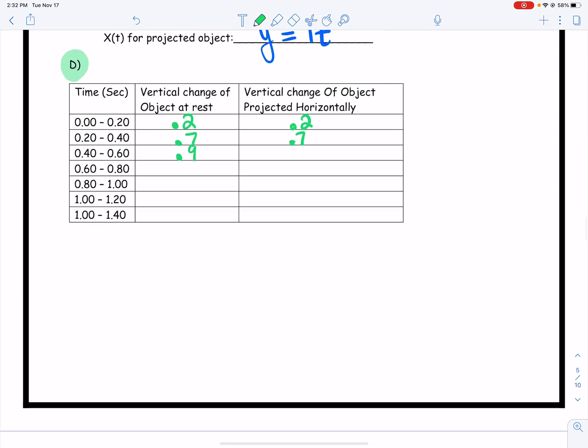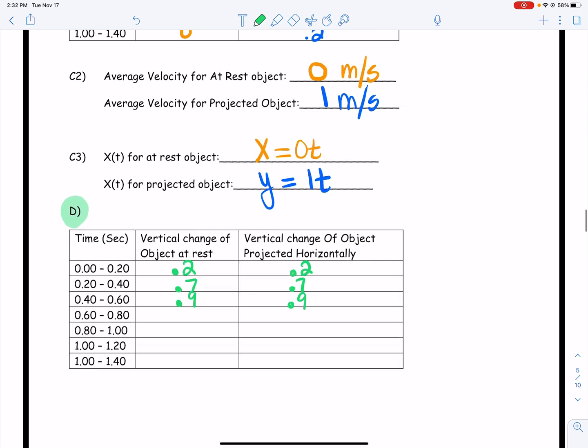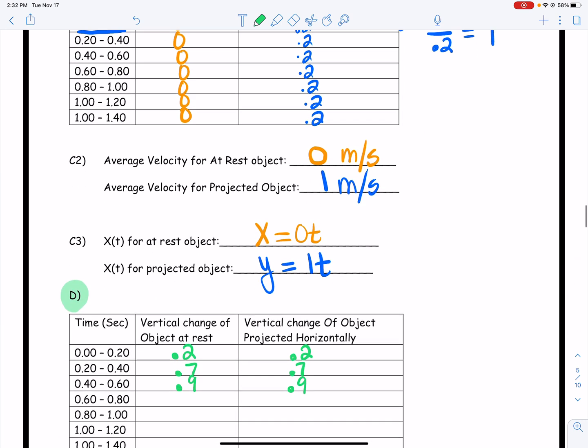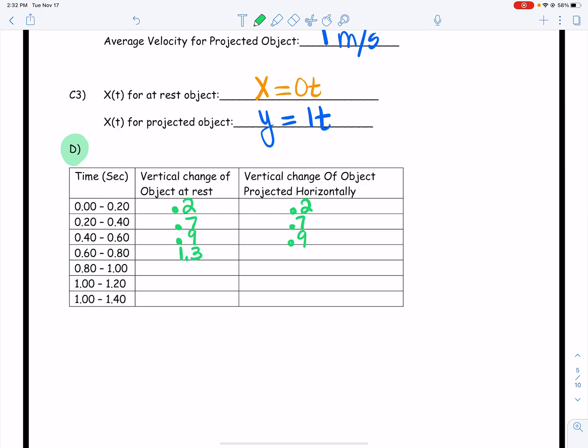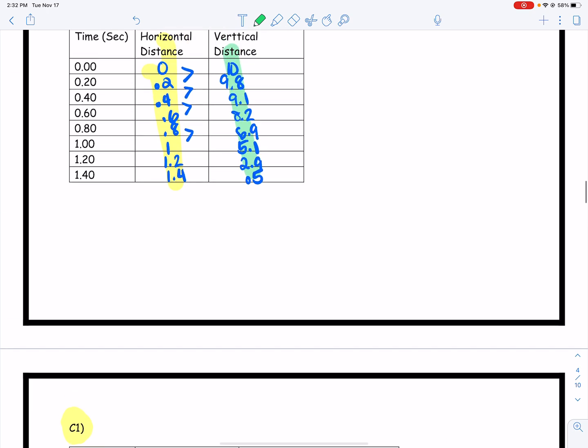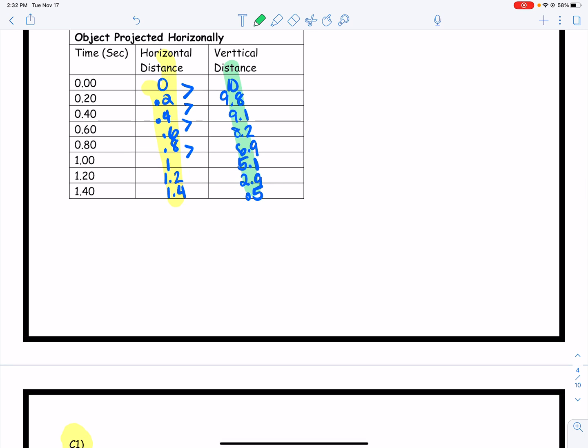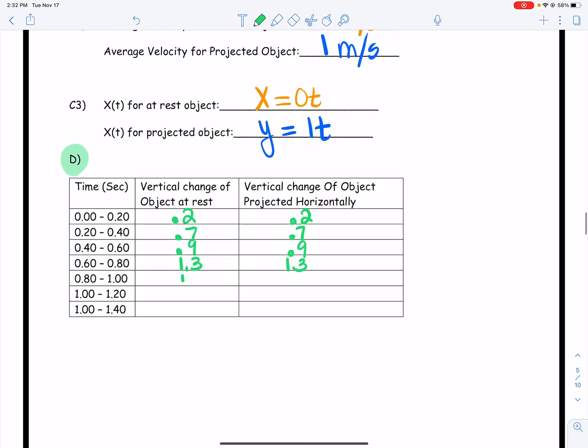So it's kind of growing. And the next one is 1.3. And the change for the next one, is that a 6? Yeah. So that's 1.8. So it's just growing as I go.